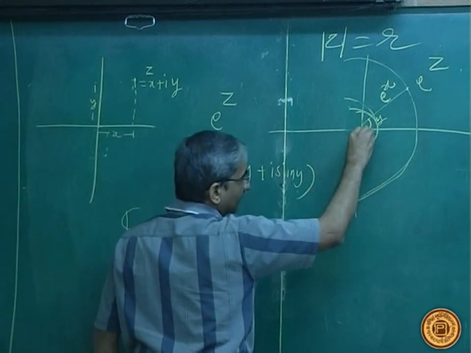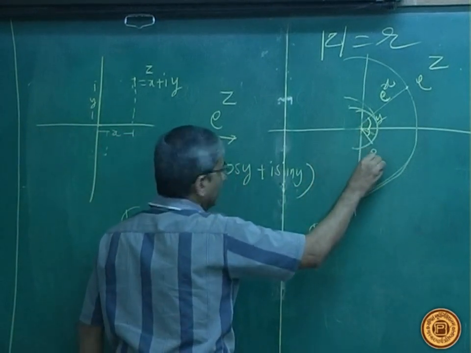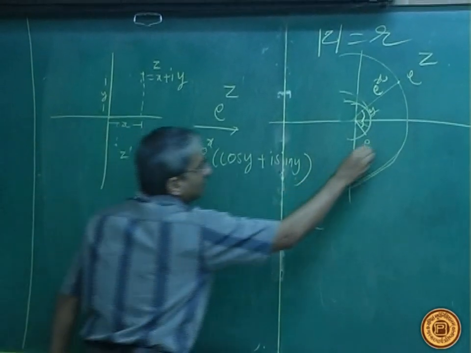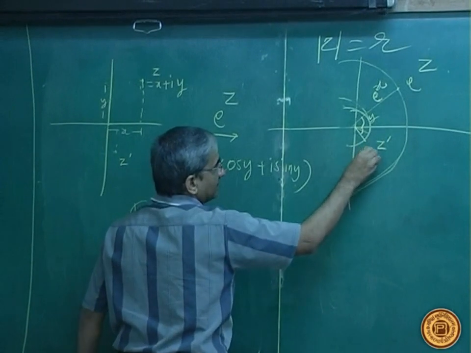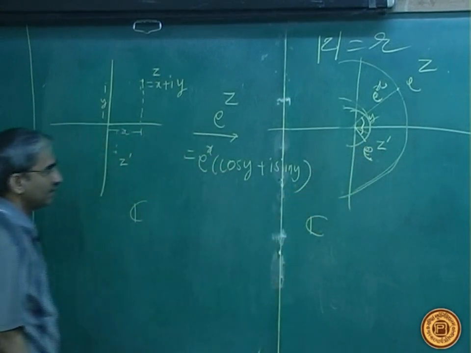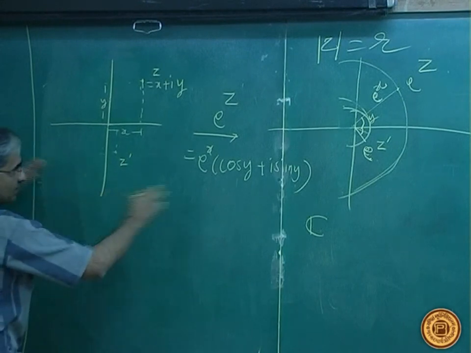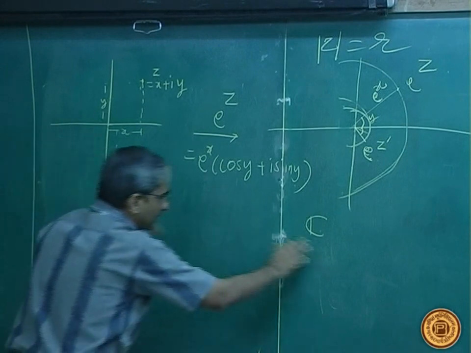So somewhere here it will come. Suppose this point, if I denote it z dash, then this is e to the power z dash, like that. So that is how e to the power z goes from C to C.